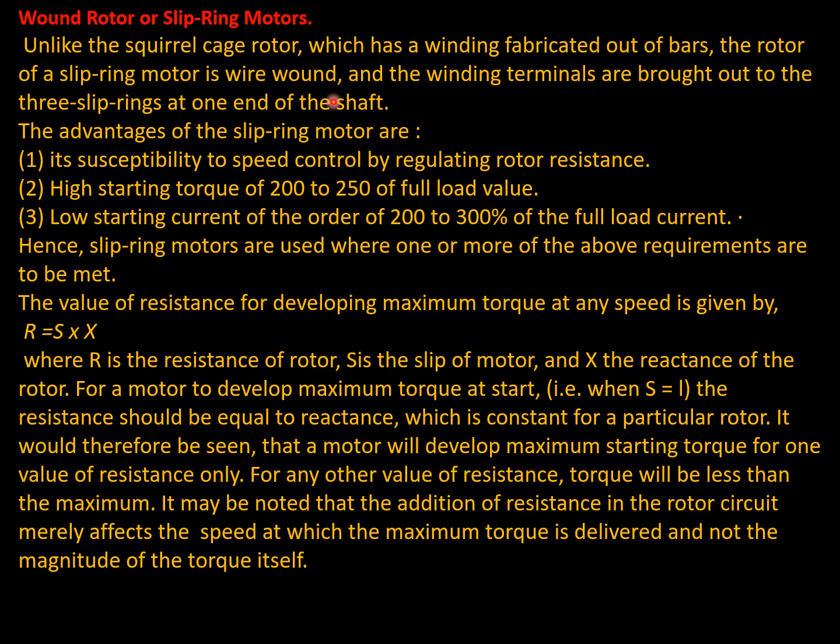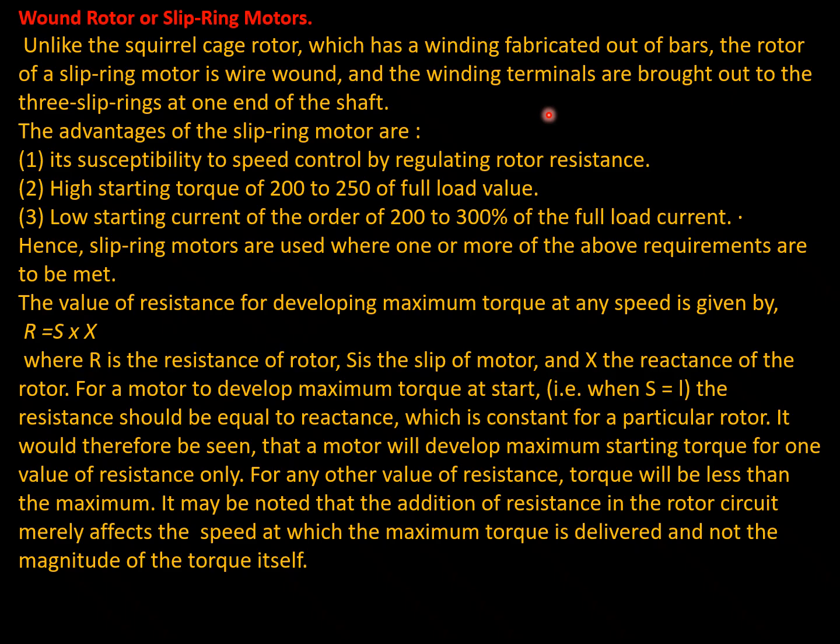The advantages of the slip ring motor are its susceptibility to speed control by regulating rotor resistance. Second, high starting torque of 200 to 250% of full load value. Low starting current of the order of 200 to 300% of the full load current. Hence, slip ring motors are used where one or more of the above requirements are to be met.